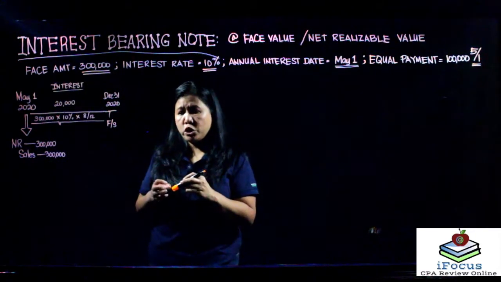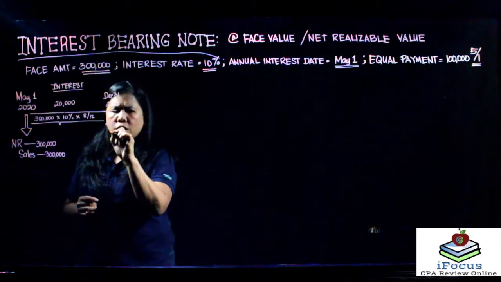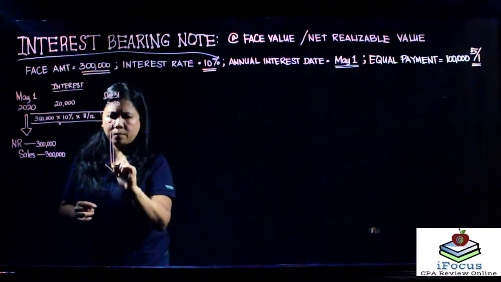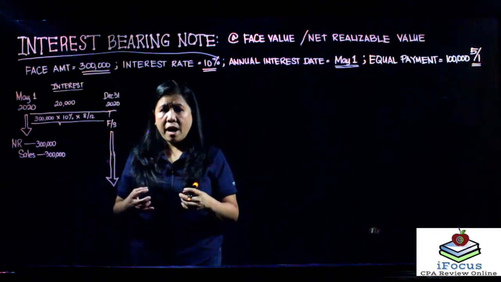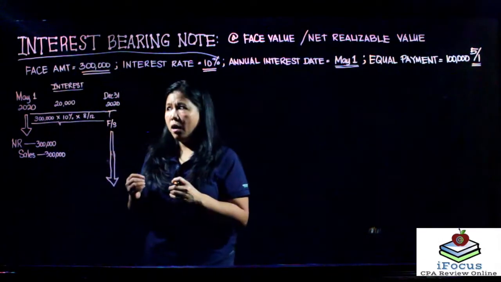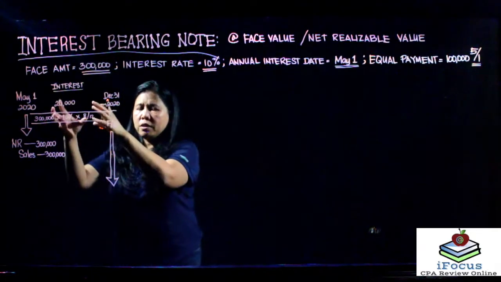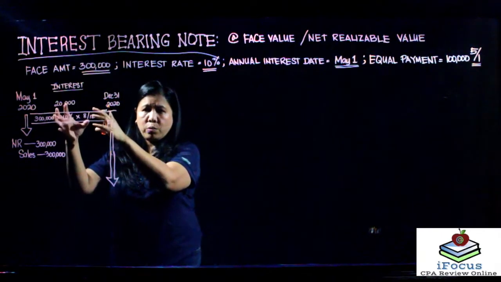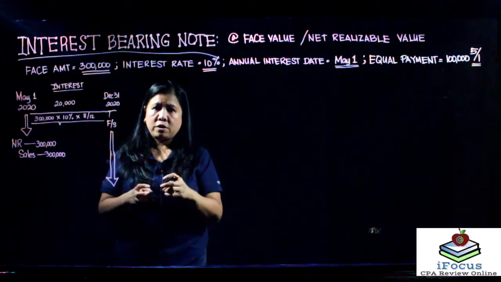And the company should recognize an interest income. So our adjusting journal entry here, since we have not received the cash for this interest income that we earned from May 1st to December 31st, we will put this 20,000 interest income that we earned on an account called accrued interest receivable.